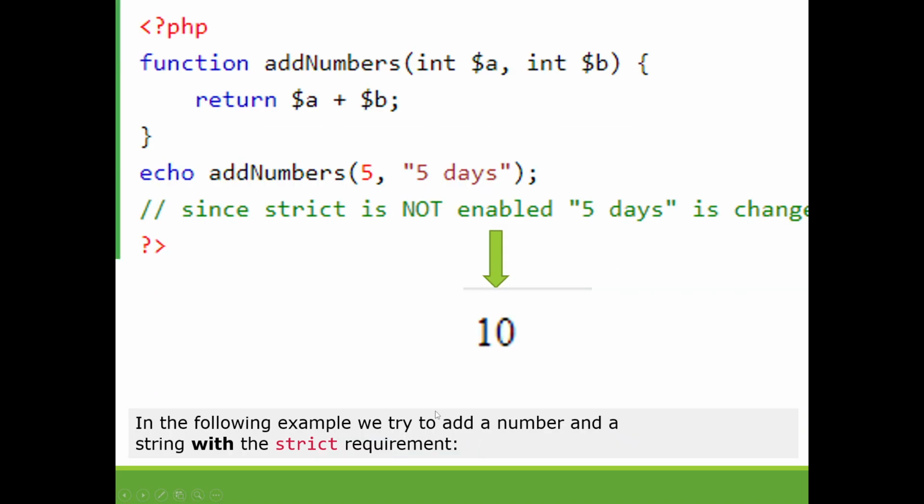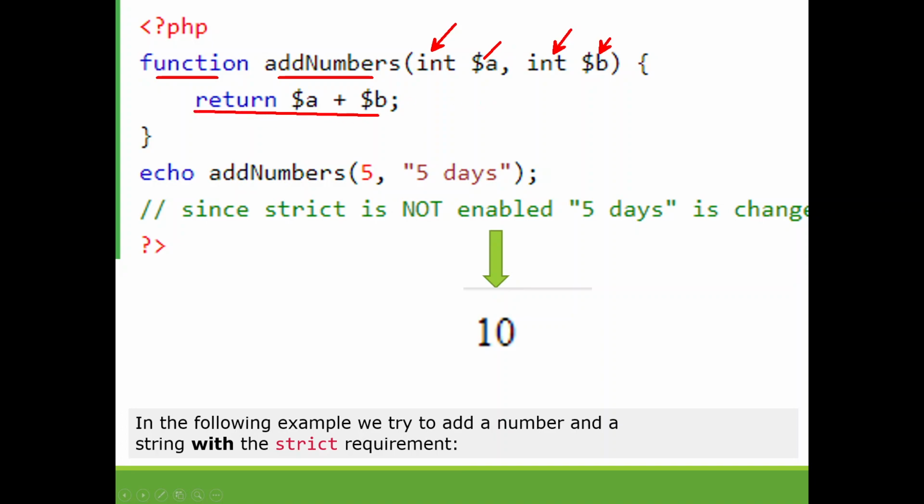So have a look. Here we have this function add numbers. Then we've declared two parameters in it, and we are declaring them with int a and int b, like that.